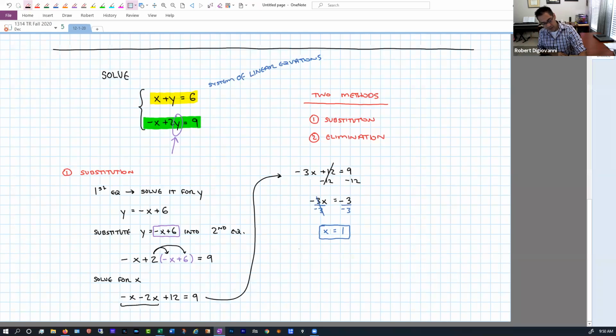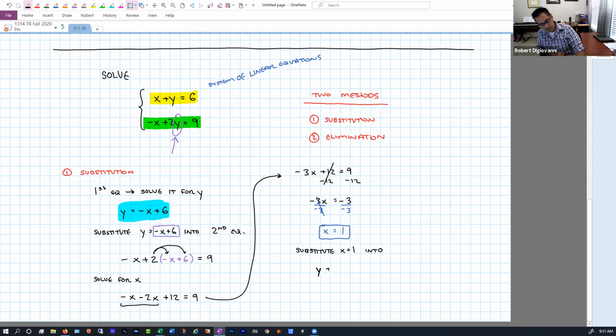Now what we do is we substitute that answer, x equals 1, into the first equation that we had here, which I'll highlight in blue. This equation right here. Remember when we solved for y, the very first step? We're going to take that answer, x equals 1, and substitute it back into that one.